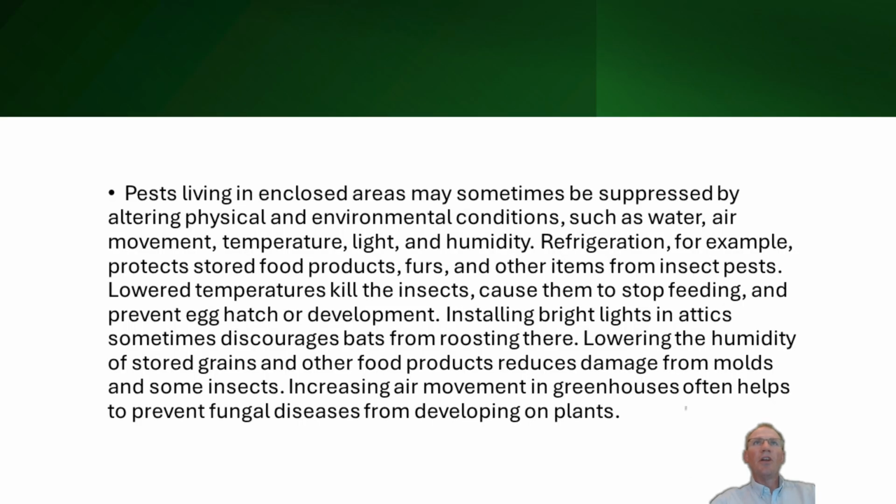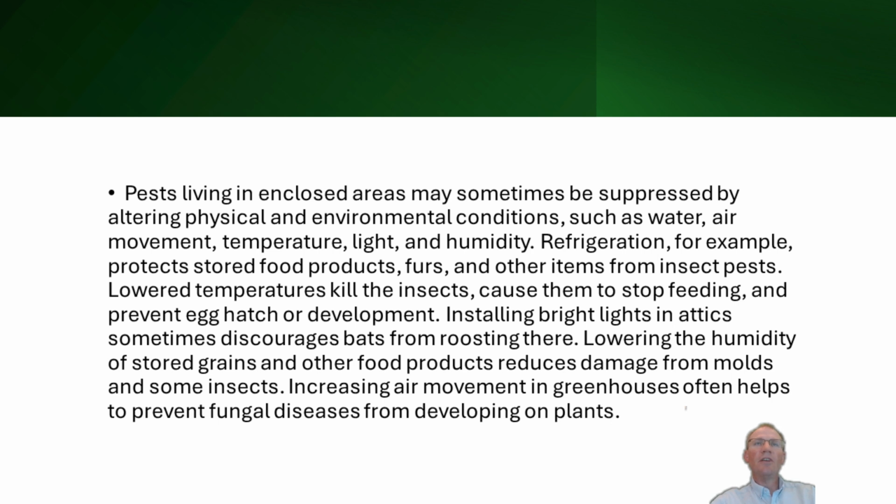Pests living in enclosed areas may sometimes be suppressed by altering physical and environmental conditions, such as water, air movement, temperature, light, and humidity. Refrigeration, for example, protects stored food products, furs, and other items from insect pests.